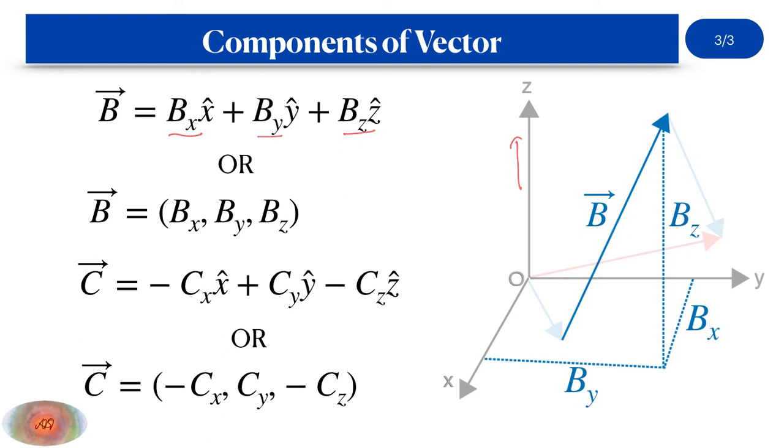So y cap means its magnitude is unity and it is directed along the y direction, and x cap means its magnitude is unity and it is directed along the x direction. In a similar way, B can also be represented using this notation as I have shown in my earlier slide. Now come to the vector C.